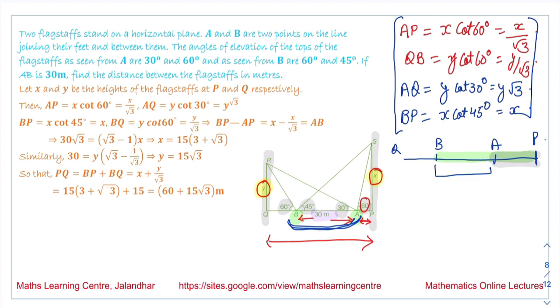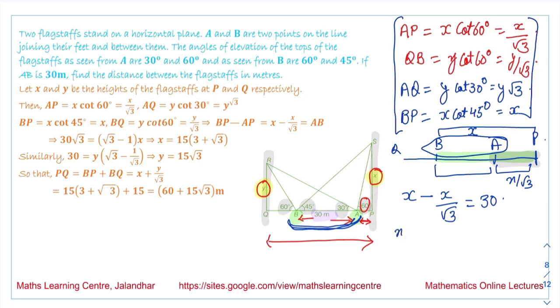Now the length BP, this whole length, is x, and the length AP is x by root 3. So we are writing minus x by square root 3, and this is equal to AB, and the value of AB is given to be 30 meters. If we take x common, we obtain x times root 3 minus 1 by root 3 is equal to 30.